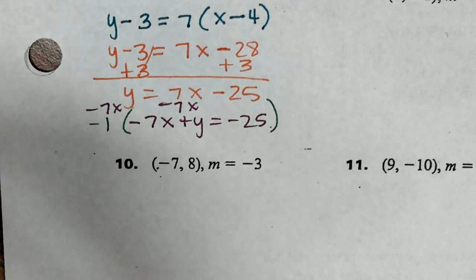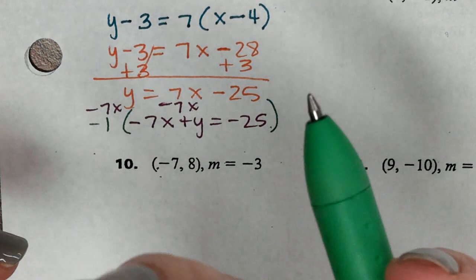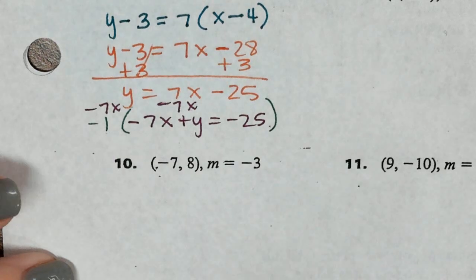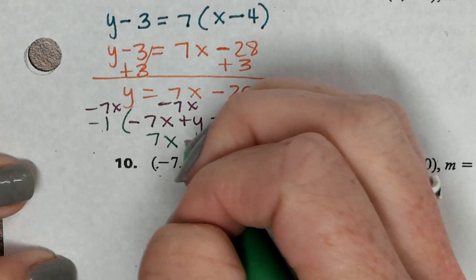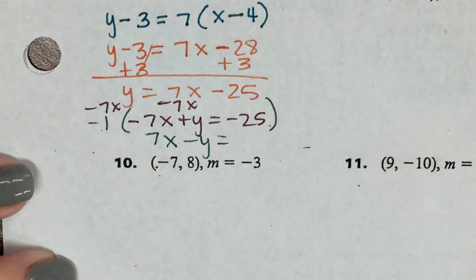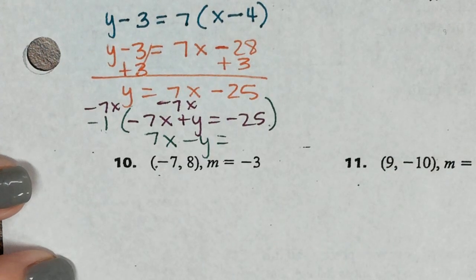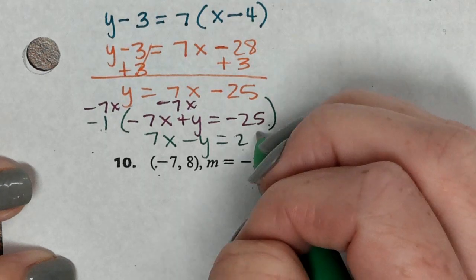That is going to change every value to the opposite. So negative 1 times negative 7x is positive 7x. Negative 1 times y is negative y. And negative 1 times negative 25. That is supposed to be positive, right? Yeah. 7x minus y equals positive 25.